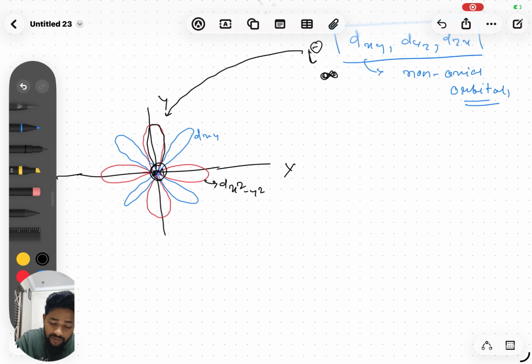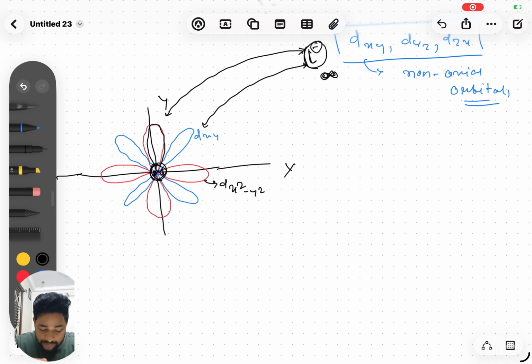Because of the metal's positive effective charge, there is attraction between the metal and the ligands, so the ligand is coming nearer.